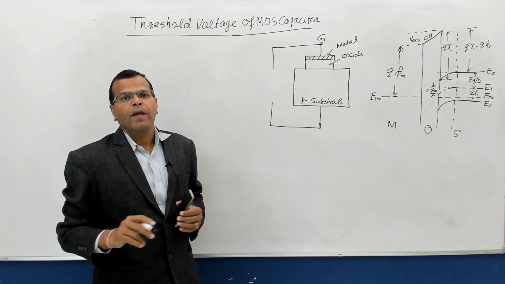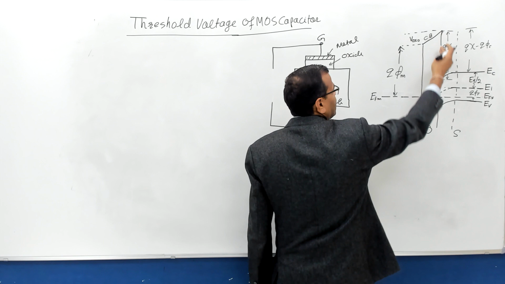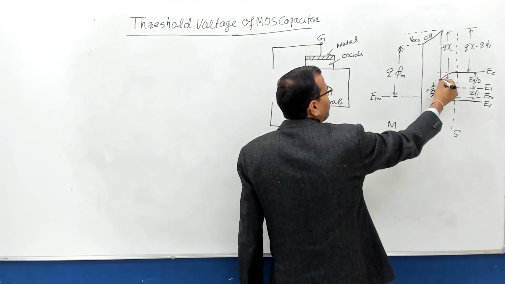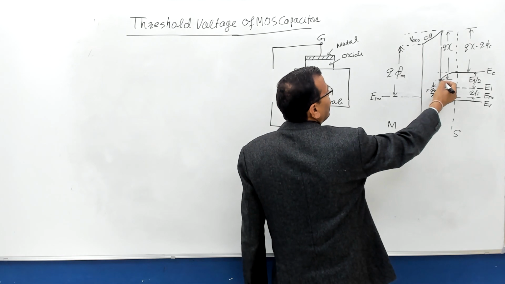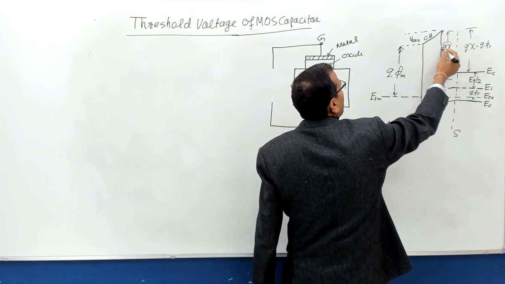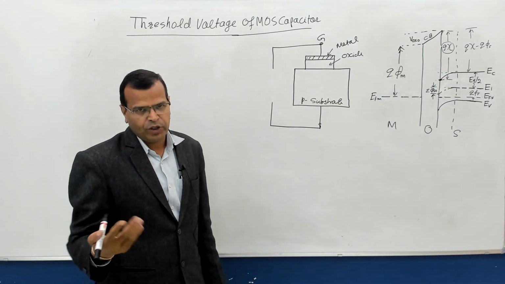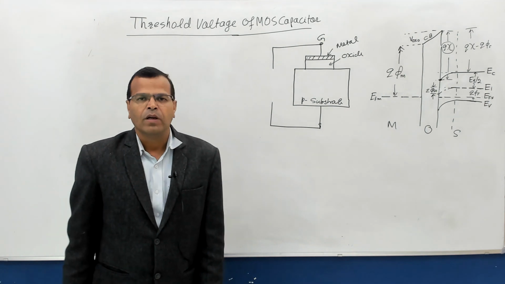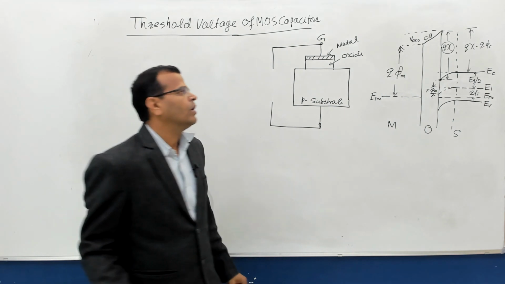Here, at the interface between oxide and semiconductor, that is this boundary, this level, the energy required to move the electron from this level to the conduction band of oxide is known as electron affinity, and that is denoted by this qχ, whatever your notation is. You can say qχ, you can say qξ. That depends on the symbol you are using.